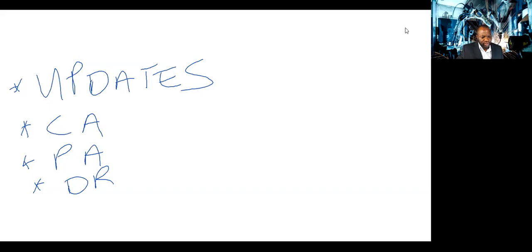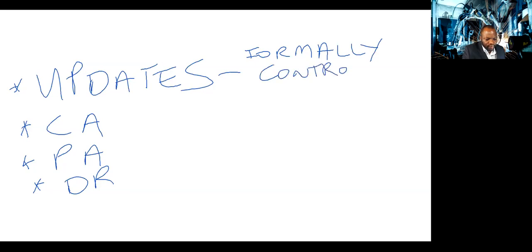I want us to focus on them in a different order in this case. Let's take a look at updates. There's a key word here in updates. Formally controlled. See that? Formally controlled. And we're looking at page 96.